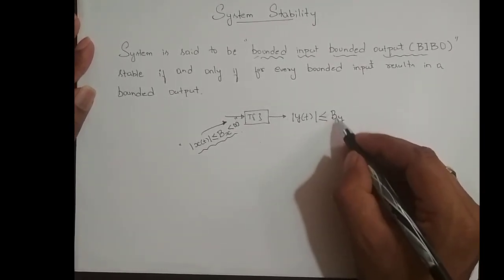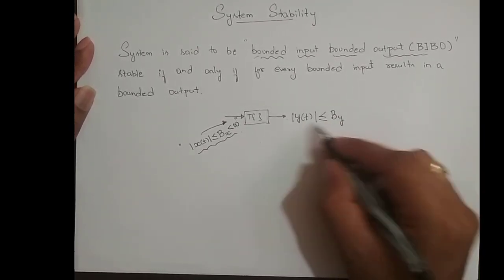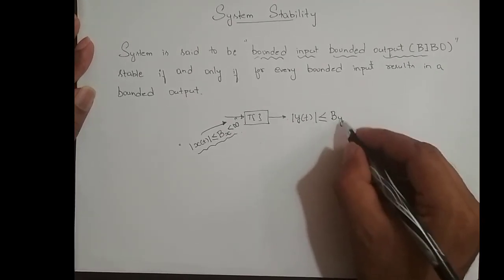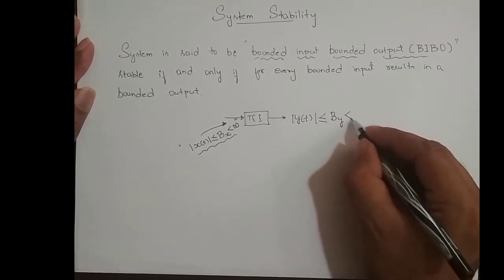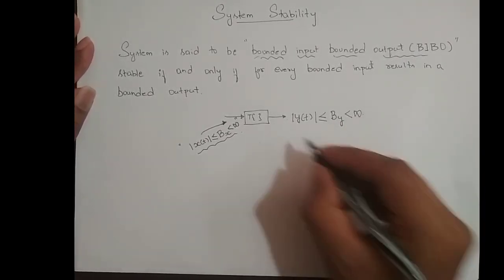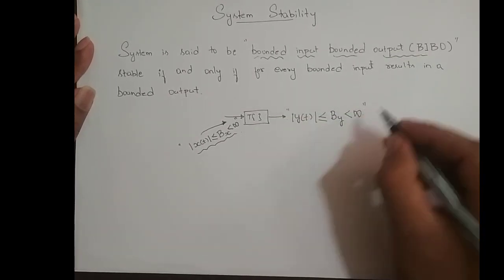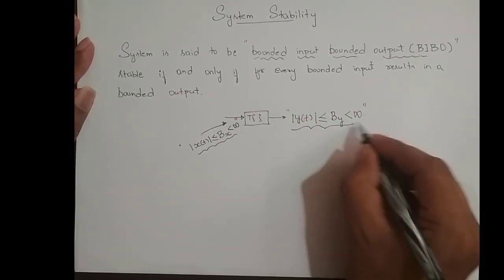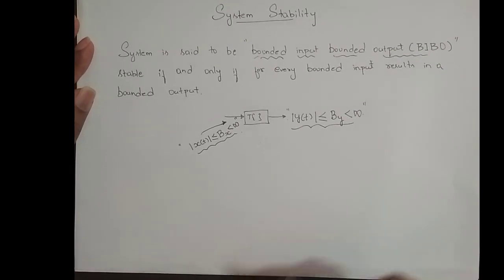And what is by? B stands for bounded and y stands for the output signal y of t, and this value by should be always less than infinity. Okay, so mathematically we represent bounded output like this.